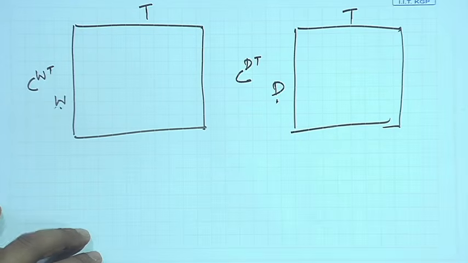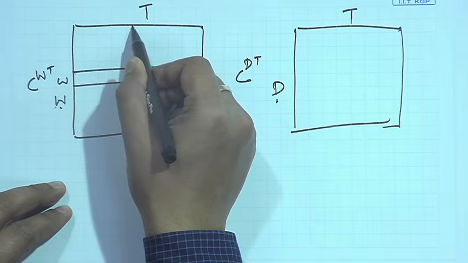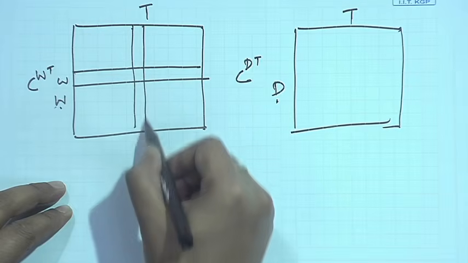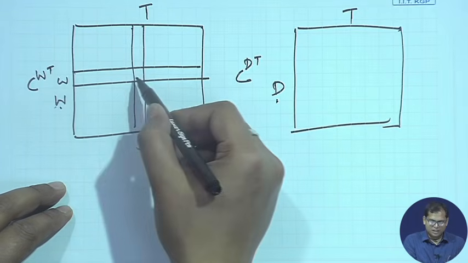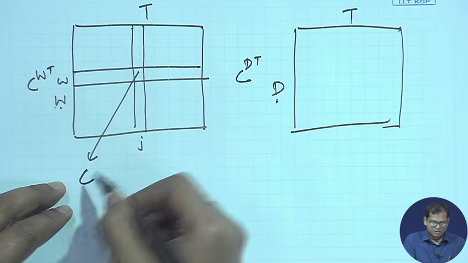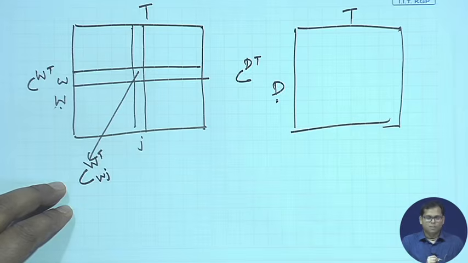So what do they store? C_WT, the element C_WT[w][j], I take the word w and topic j.